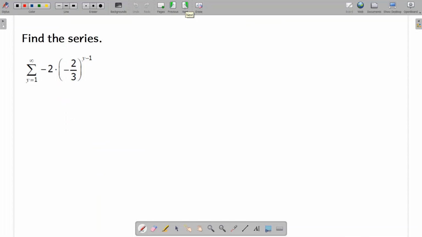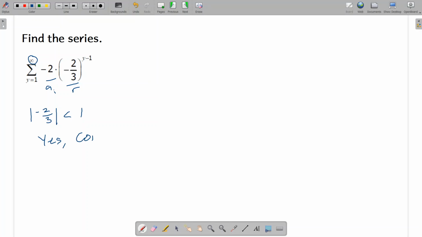So let's take another look at one. We need to ask ourselves, since this is an infinite geometric series, is it convergent or divergent? So this is our A1. This is our R value. So we need to check and see, is the absolute value of -2/3 less than 1?